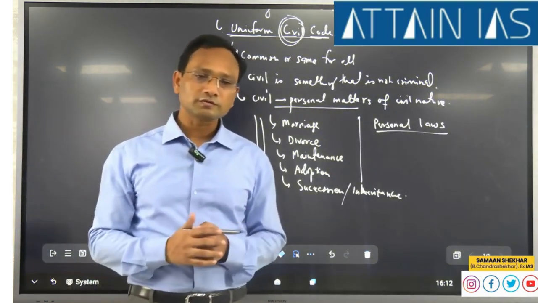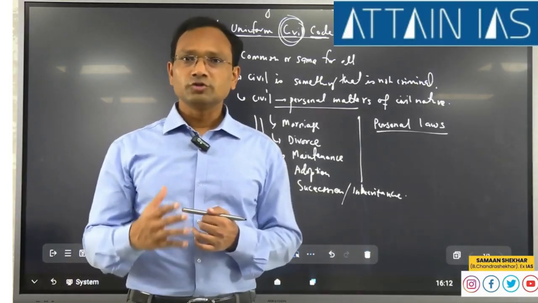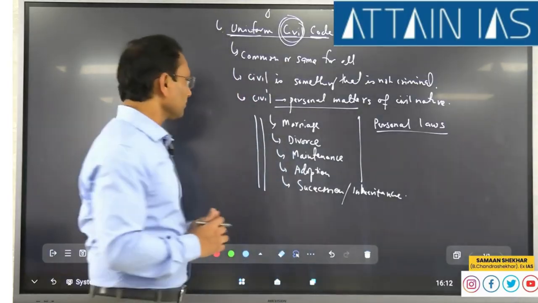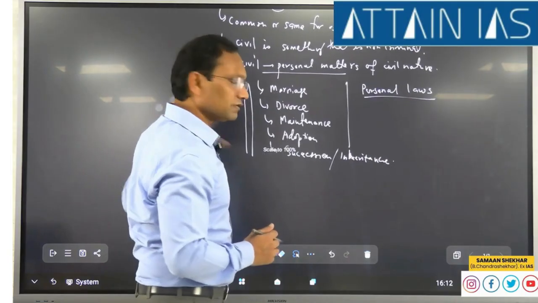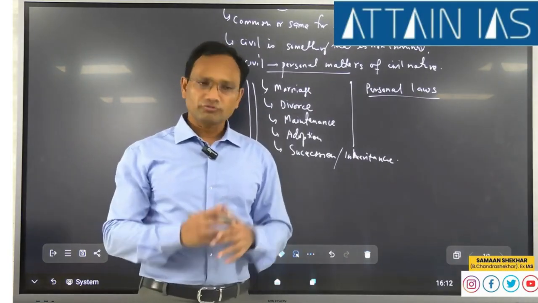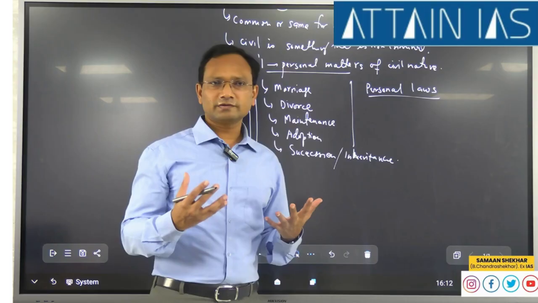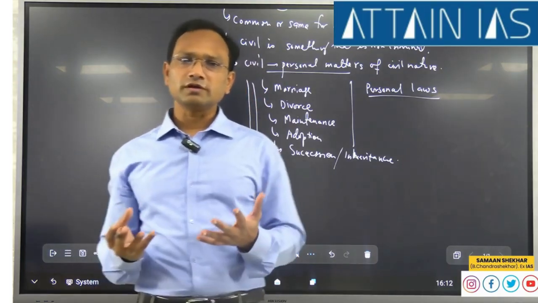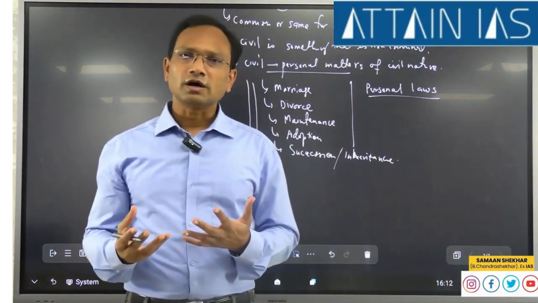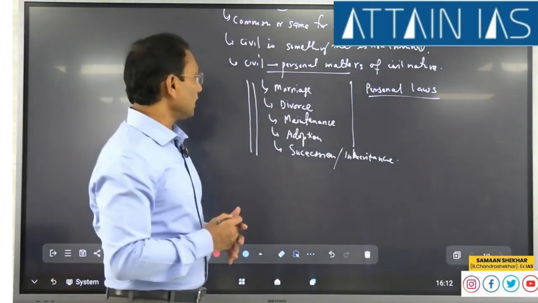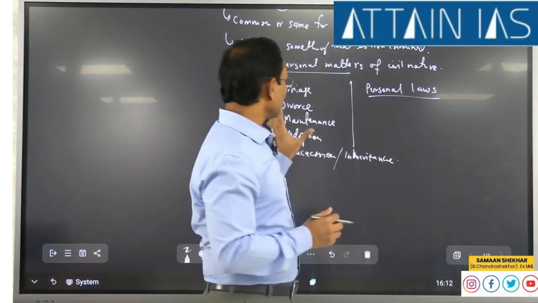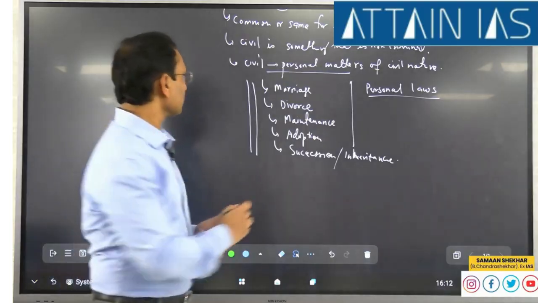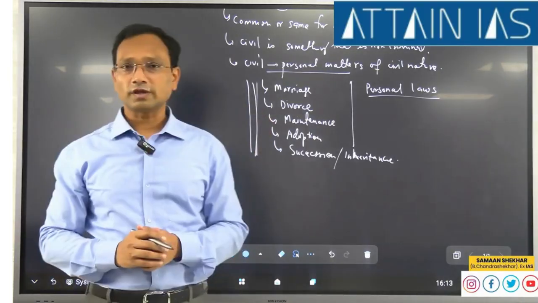So these personal laws basically have generally a religious background to them. They come from the religious texts. They're not really codified at one place to be called personal laws, but they are found in various religious texts of various religions, right? And from there, certain aspects are picked up, and then they start governing various aspects of these matters of life of people.